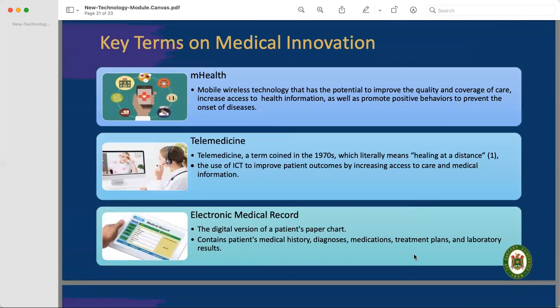On medical innovations, these are important key terms that we need to remember. mHealth refers to the mobile wireless technology that has the potential to improve the quality and coverage of care, and it increases access to health information as well as promotes positive behaviors to prevent the onset of disease. Okay, so imagine a diabetic patient logging in the mHealth application, recording the food that she had been taking on that particular day.